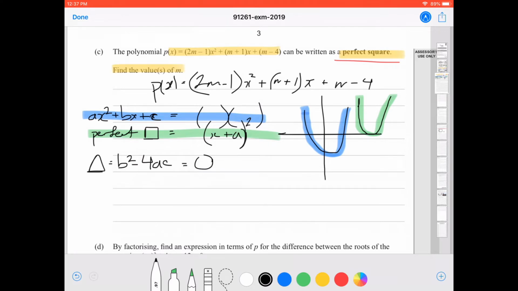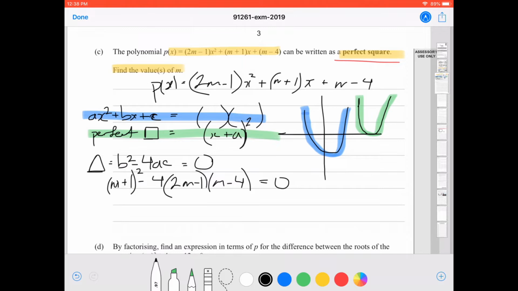Okay, and so we're going to substitute our values in. Our b term is m plus 1. That's squared minus 4. A term is 2m minus 1. And we're multiplying, and c is m minus 4. Okay, and that equals 0.